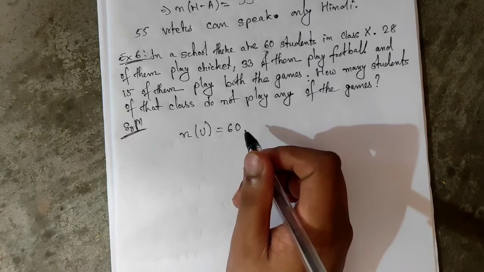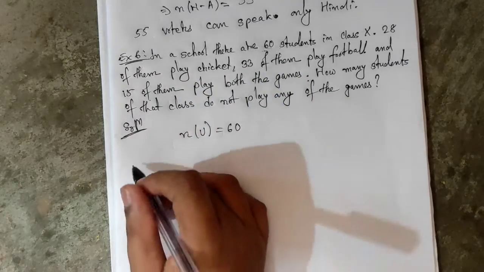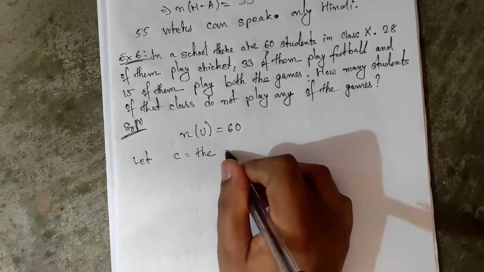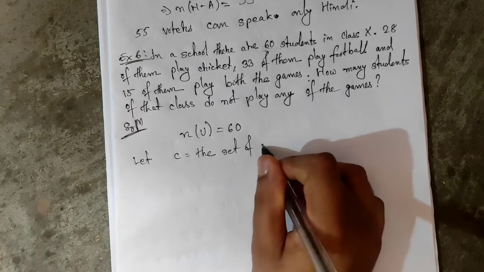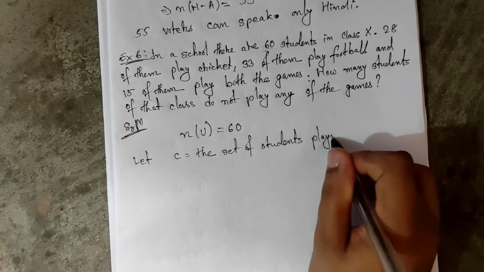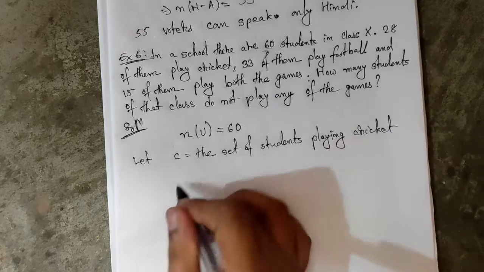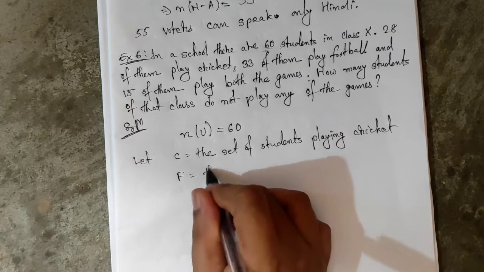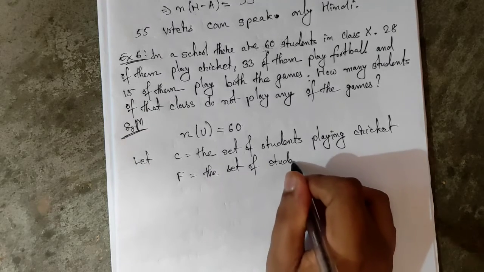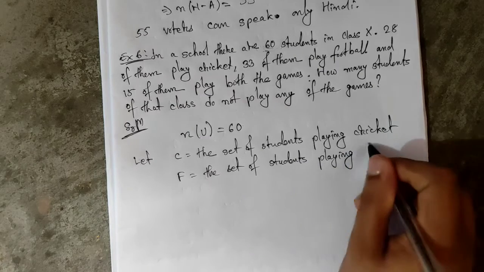Clear about this? And 28 of them play cricket. Let C be the set of students playing cricket, and F be the set of students playing football.